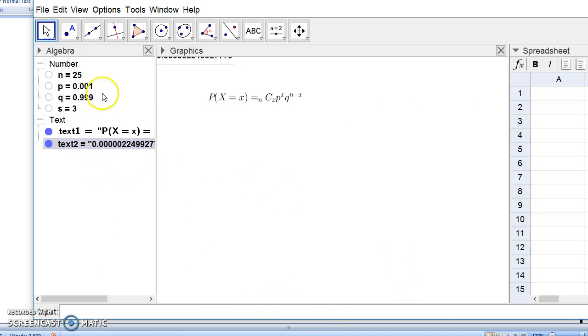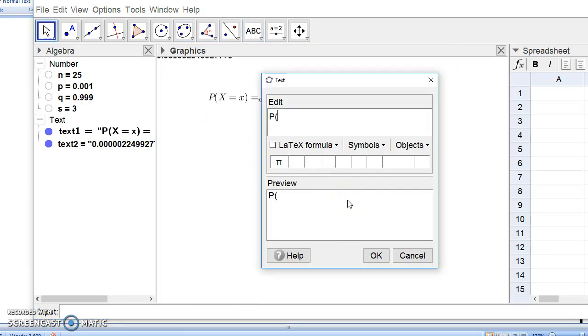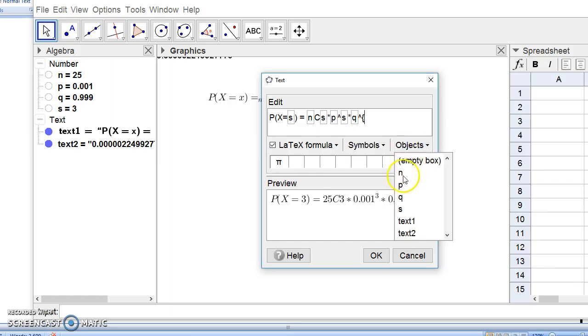So let's change so the calculation is still the same, right? P that x equals s is equal to n choose s times p to the power of s times q to the power of n minus s.